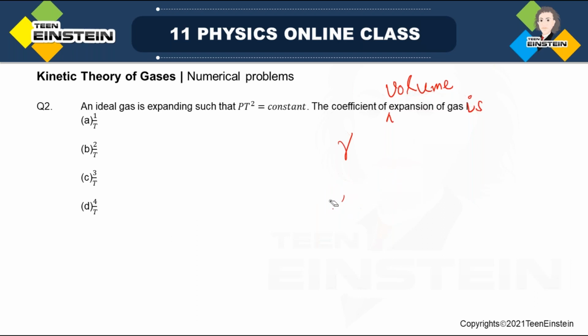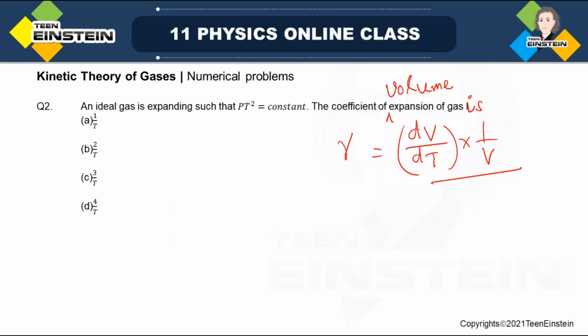So anyway, gamma is defined as dV by dT whole into 1 by V, so 1 by V into dV by dT. This is the volume expansion coefficient.